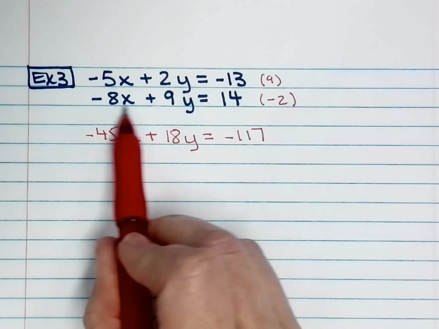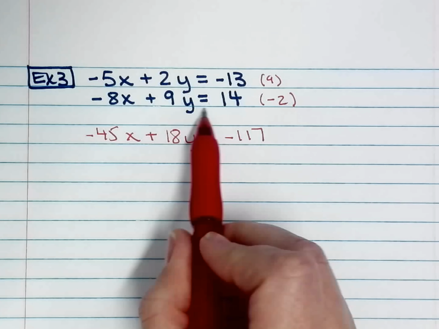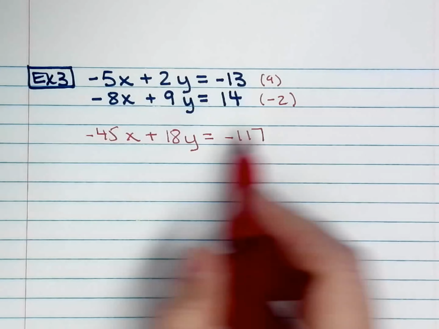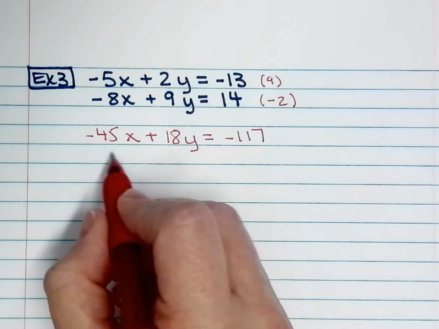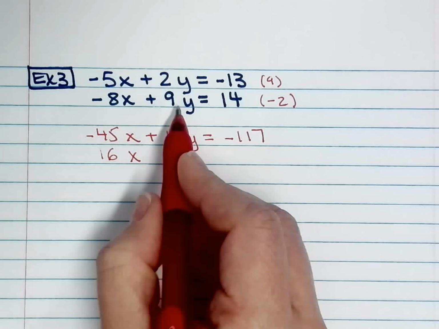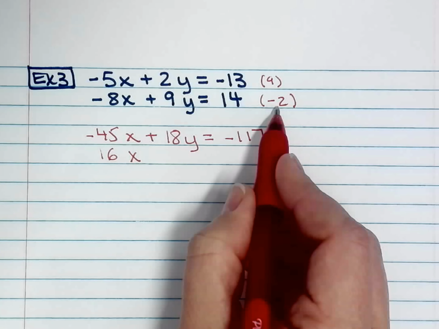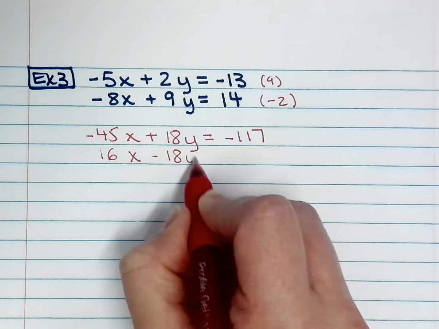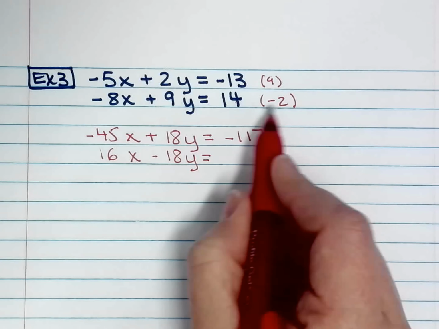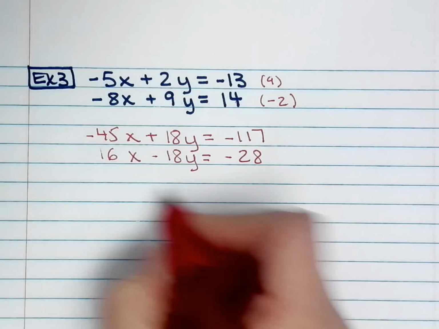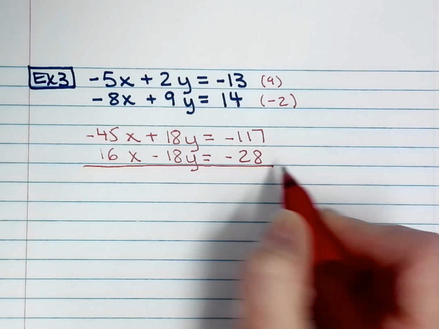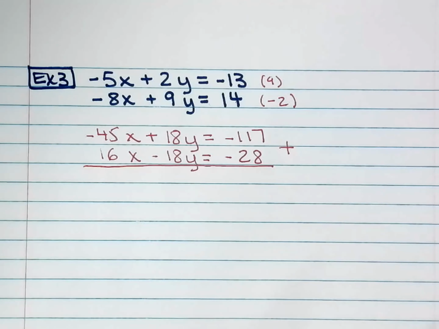Now off to the second equation, we're going to multiply all of those by negative 2. Negative 8 times negative 2 is positive 16x. 9 times negative 2 is negative 18y. 14 times negative 2 is negative 28.